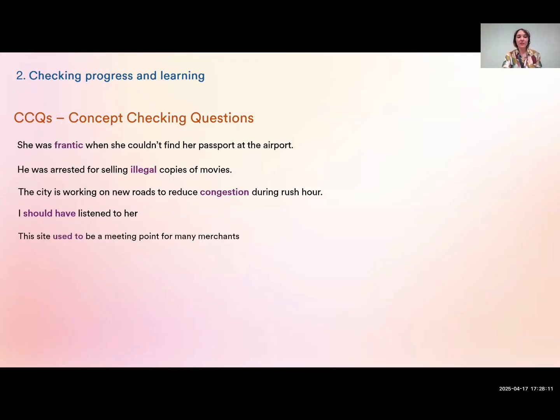This site used to be a meeting point for many merchants. Again, is this about the past, about the present, or about the future? Of course, it's about the past. Did they have a routine? Did merchants have a routine to meet there?